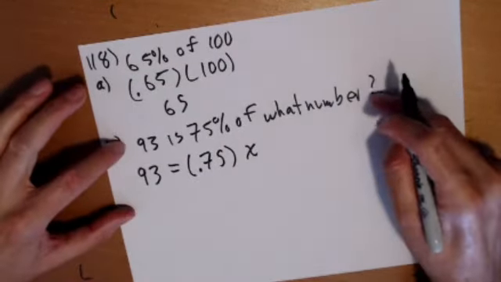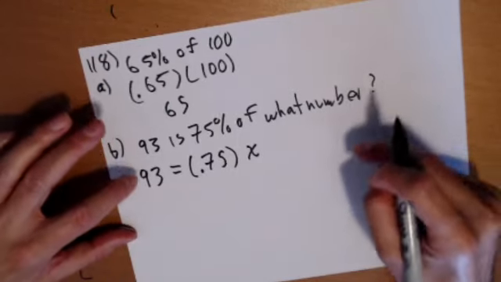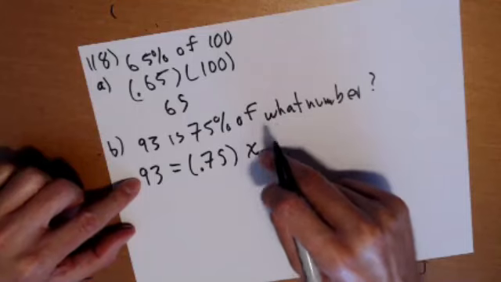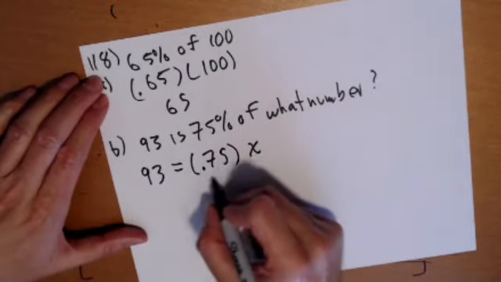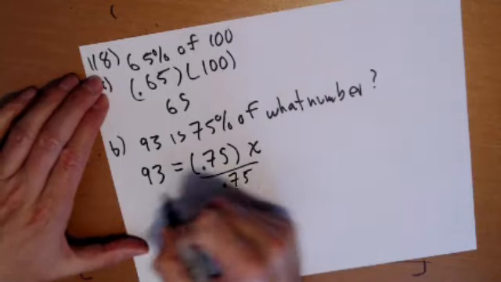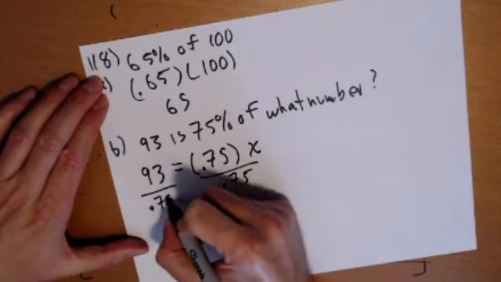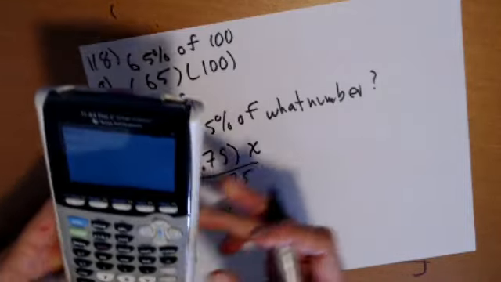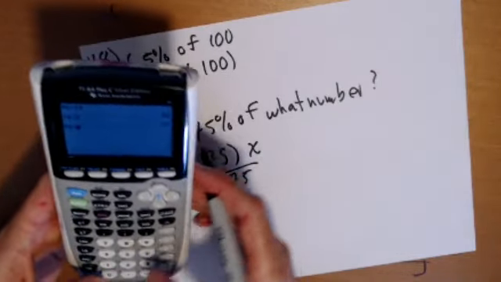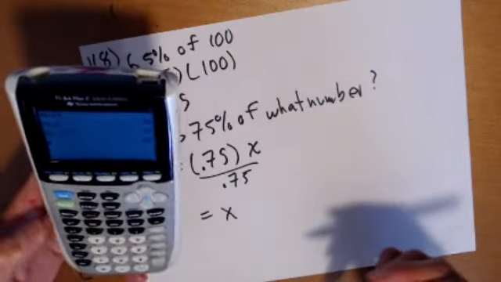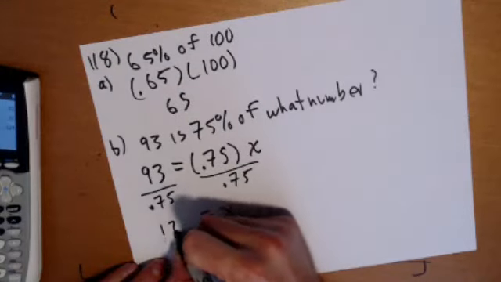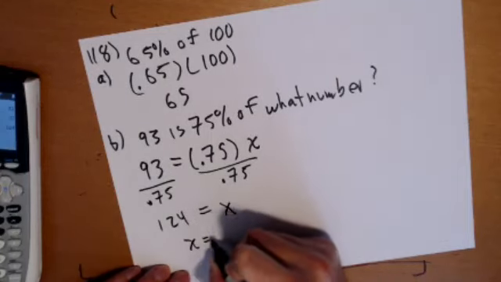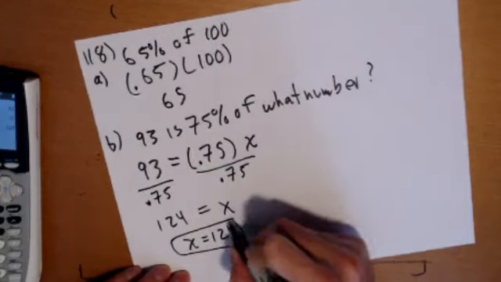We have to translate it into a mathematical equation first, and now we can solve for X. So I got to get X alone, so I need to divide by 0.75. I would ask my calculator to do it for me. 93 divided by 0.75. It says 124. Thank you, calculator. 124 equals X. Let me write X equals 124. So much prettier.